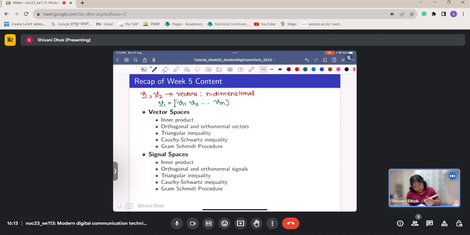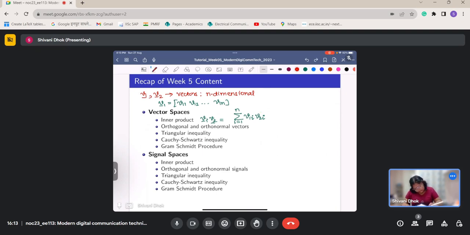The inner product is given as v1 dot v2, and this is simply summation i equal to 1 to n of v1i into v2i. And if it is complex, then we'll put a conjugate sign here. For now, let's consider the real case.